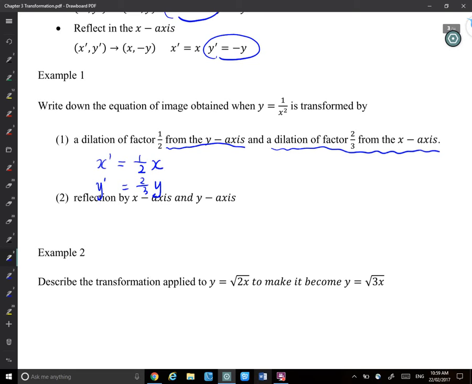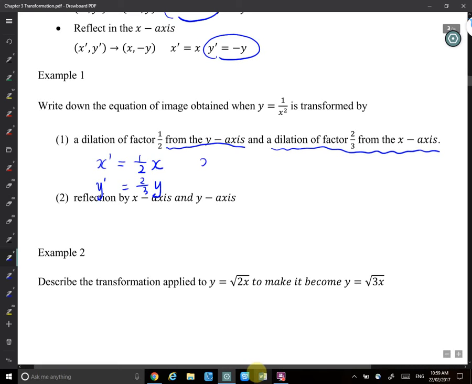And remember, I need to substitute that back. But now the equation is in terms of x and y, so I need to make x and y the subjects. So x equals 2 lots of x dash, and y equals 3 on 2 y dash. Putting that back, 3 on 2 y dash will equal 1 on 2 x dash, the whole thing squared.